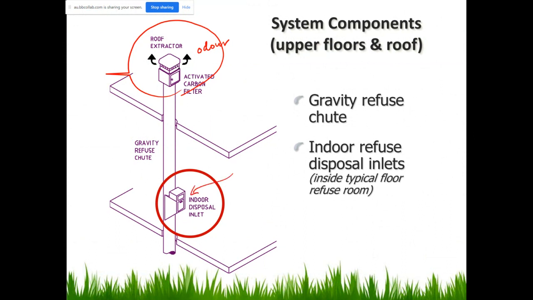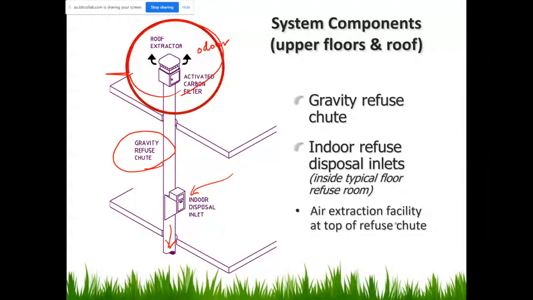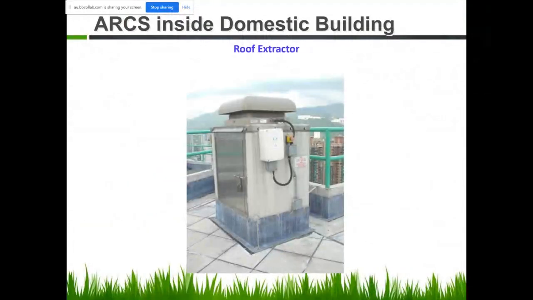And then on each floor the tenant can open the lid and put the solid waste into this disposal inlet, and then the waste will be moving downward by gravity. So this is a gravity refuse chute. Now, this is the roof extractor.